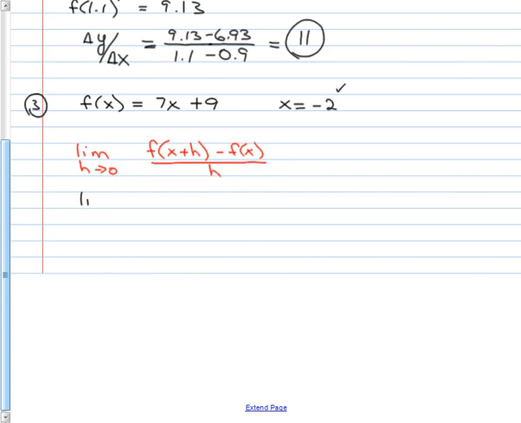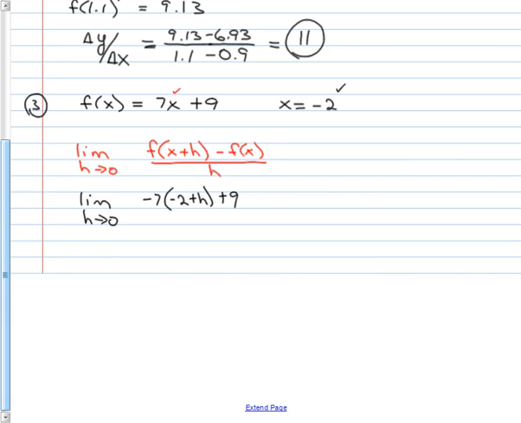So when we do the limit of our function as h approaches 0, we can be putting our negative 2 in here, except when it's x plus h, it'll be negative 2 plus h. So we are going to have negative 7 times negative 2 plus h plus 9.